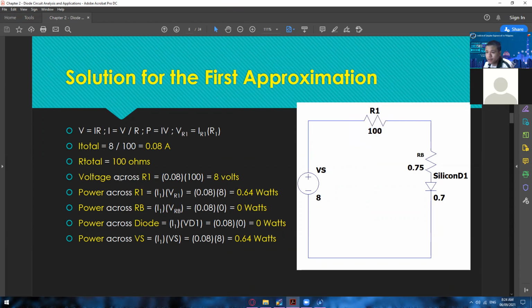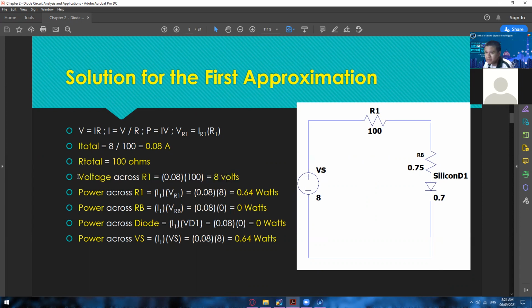For the voltage across R1, we have IR1 times R1. So we have 0.08 for the current and 100 for the resistance of R1, so you'll get 8 volts exactly.